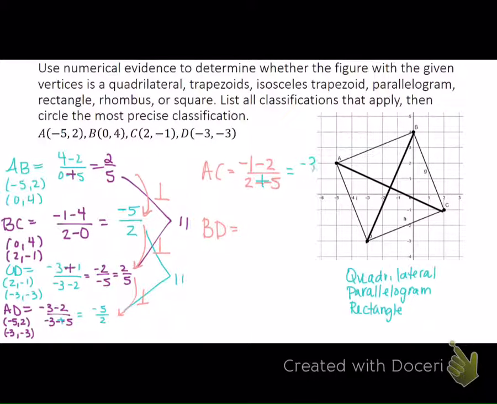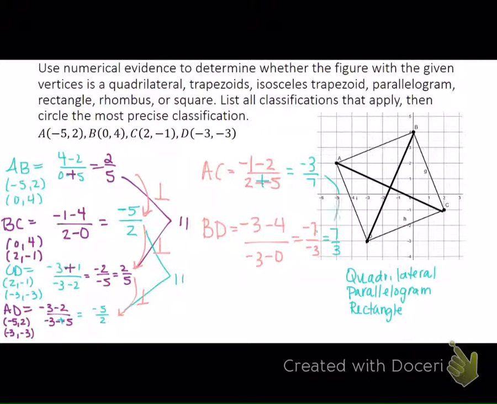So that's negative 3 over 7. Okay, and then BD is negative 3 minus 4 over negative 3 minus 0, which is negative 7 over negative 3, which is 7 over 3.